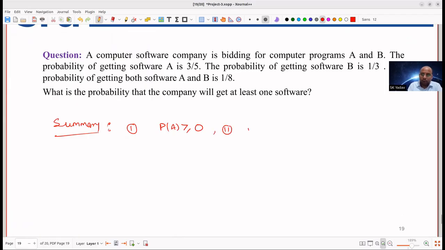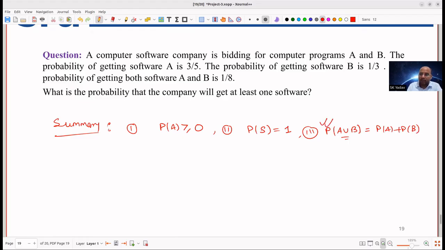The second axiom is that the probability of the entire sample space equals 1. And third, when events are mutually exclusive, the probability of at least one is the sum of the individual probabilities, so P of A plus P of B.